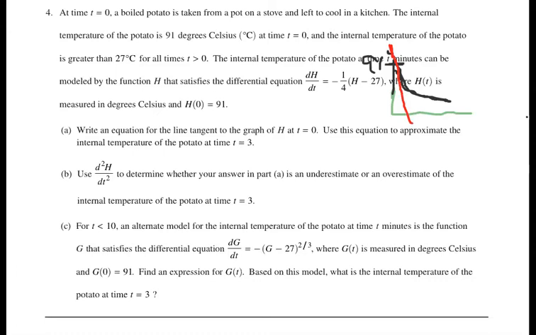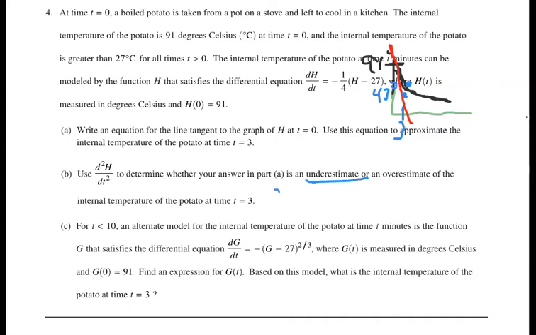So our t equals 3 is in here somewhere, where you've got a point right here that was 43 degrees. That's what we found for part A. But the actual point is up here above it. So our estimate for part A would be an underestimate.